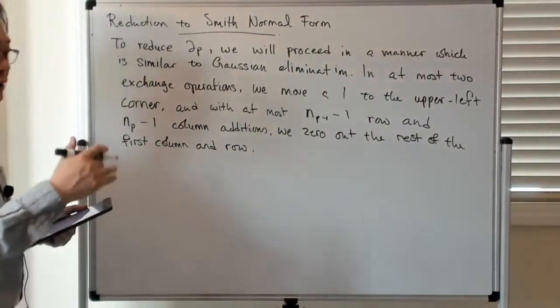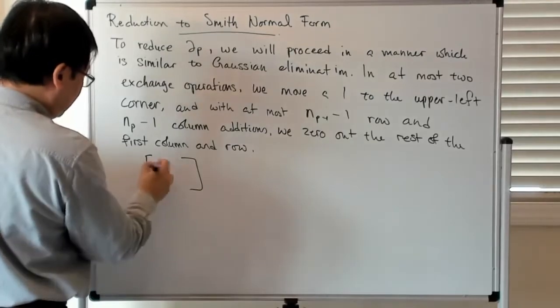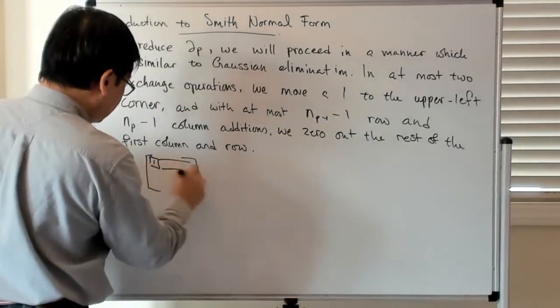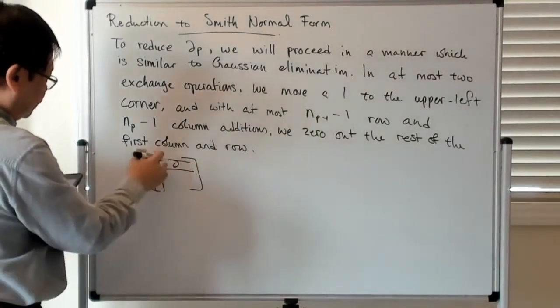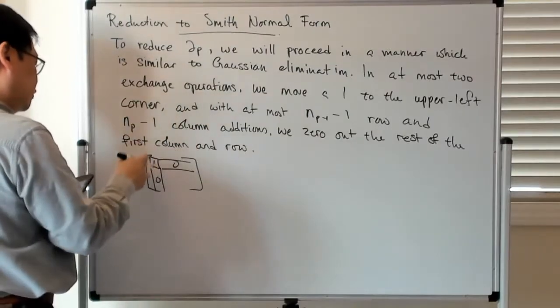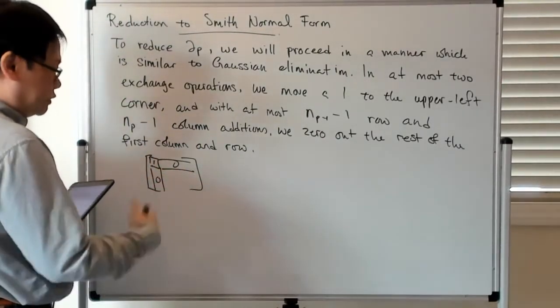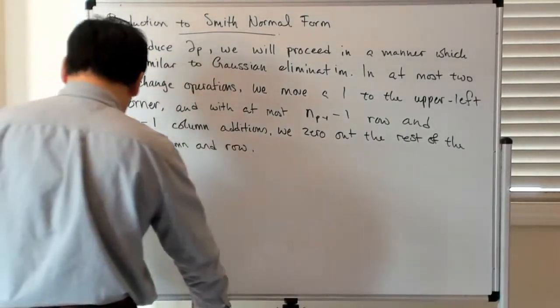And then once you've done that, the basic idea, if you will, is that you have this matrix, and then you want to move a 1 to this position, and then you want to zero out these parts. And once you've done that, you can essentially remove the first row and the first column, and then do the rest on the remaining piece. So there's sort of a recursion step involved here. Okay.